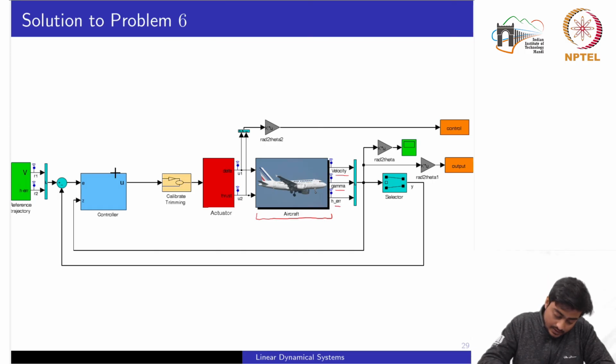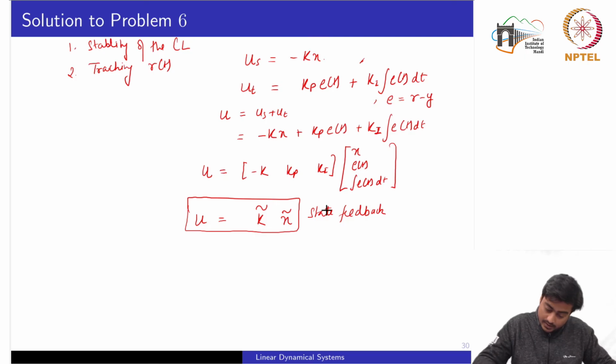Okay, and here we can place this entire controller as it is, where if you see that we require information of two things. One is the state, the original state of the plant, and also the error signal which is given by r − y.